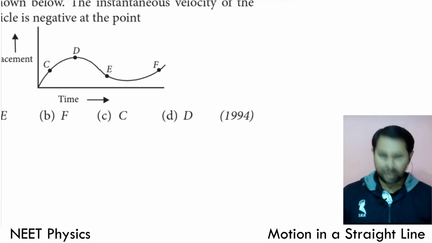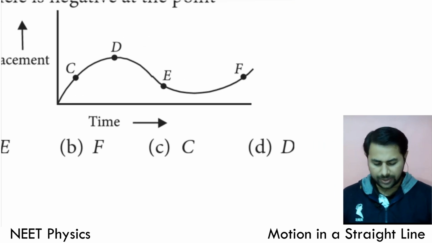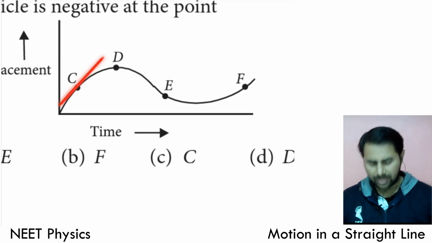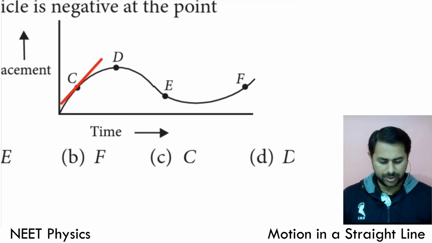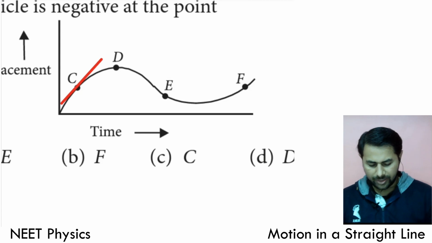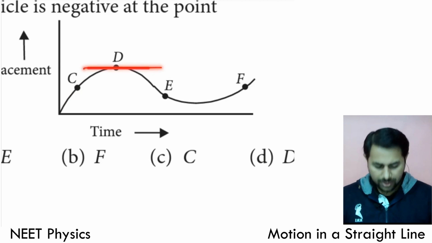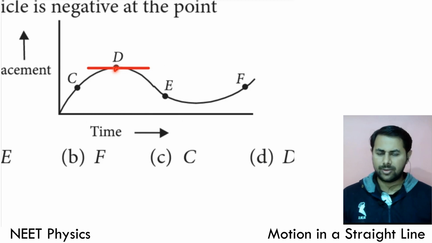So what is the velocity? It's the slope of the displacement time graph, or position time graph. At point C, if you draw a tangent to the graph, it's like this, so its slope is positive. That means velocity is positive. At point D, it is a flat line, horizontal to the time axis, meaning at this point the velocity is 0.